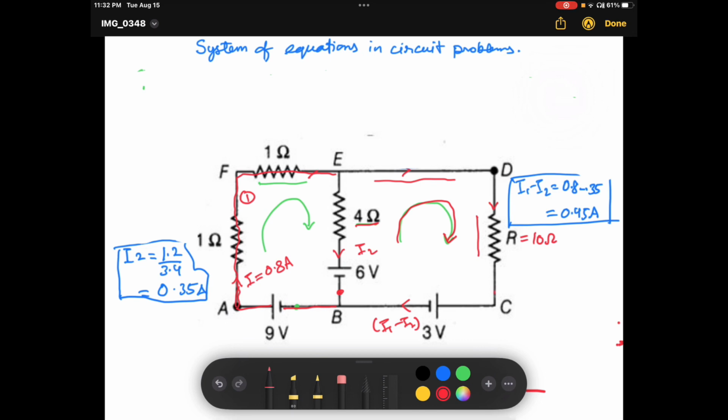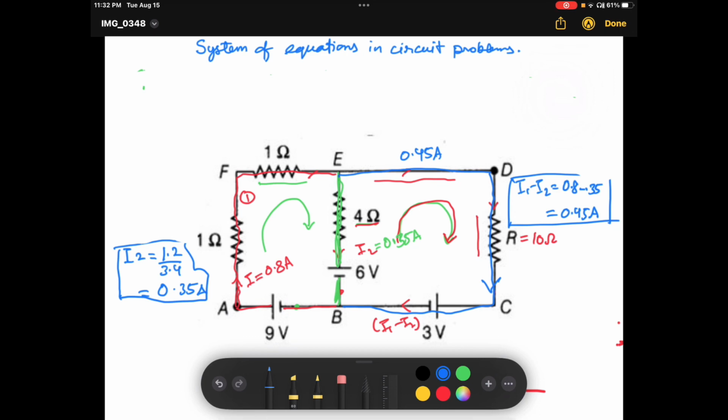And then I2 is 0.35 amperes, and that is the current flowing in this branch over here. And then I1 minus I2 is the current that is going in this branch here, and that is equal to 0.45 amperes.